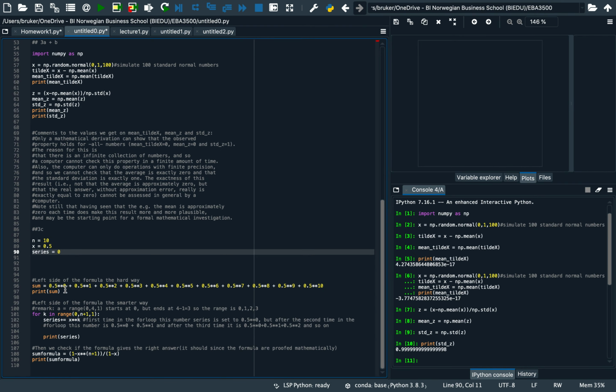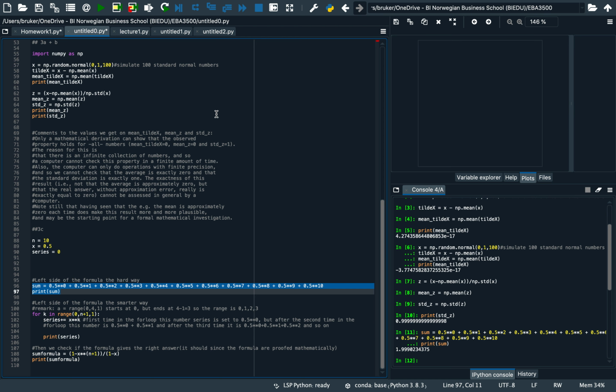And here is the left side of the formula, the hard way. That is what I showed you just in the notebook. We could find the sum by taking 0.5 to the power of 0 plus 0.5 to the power of 1 and so on. And we could compute this in Python and print the sum.